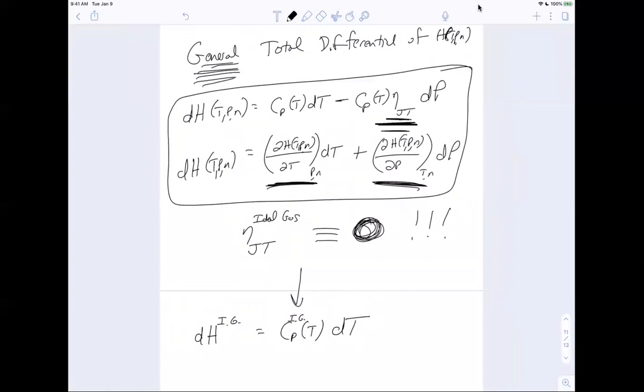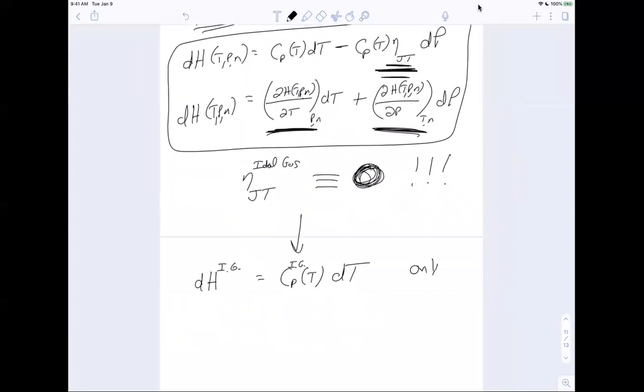So for an ideal gas, you would only have the Cp of T dT term. And so only for an ideal gas, you can write H as a function of temperature and N only. You don't have to worry about pressure or volume or anything else.